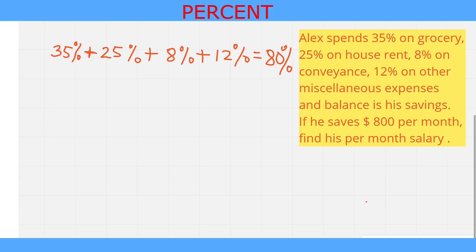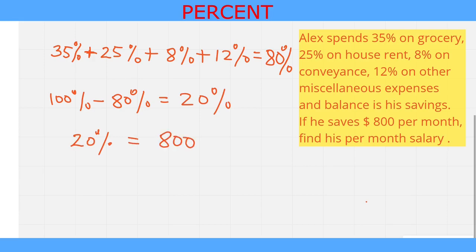35% of grocery plus 25% of house rent plus 8% of conveyance plus 12% of miscellaneous other expenses. The sum of these is 80%. And if the total salary is 100%, then 100% minus 80% is his total expenses, equal to 20% is his saving, and it is given that 20% is equal to $800.